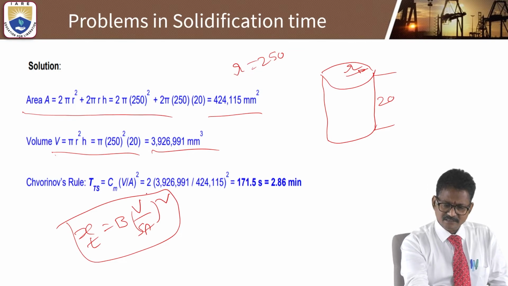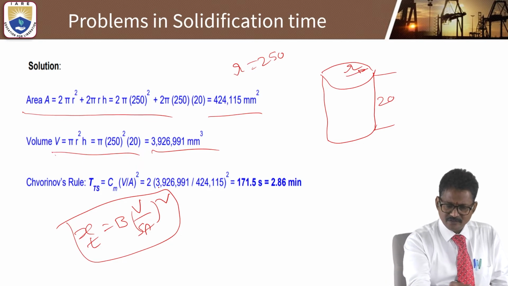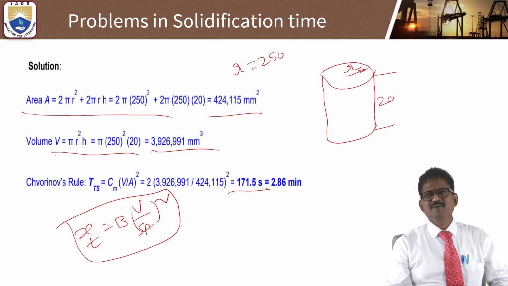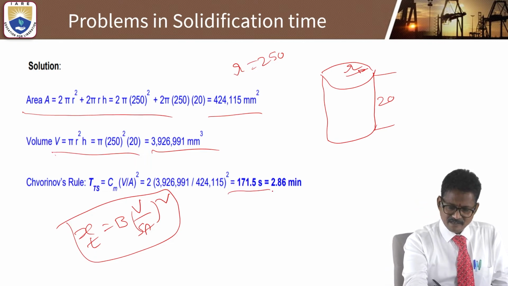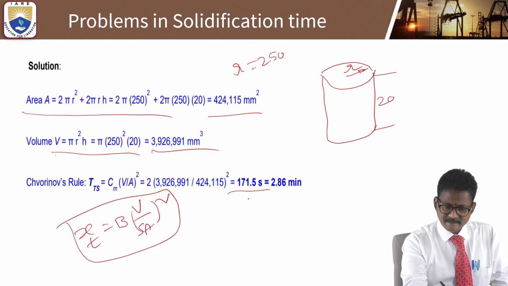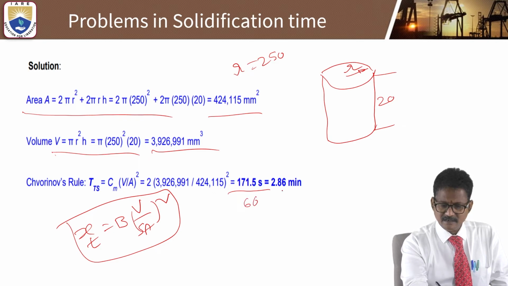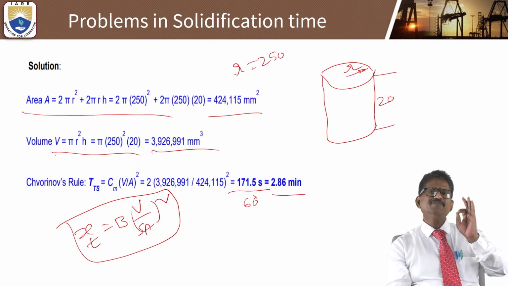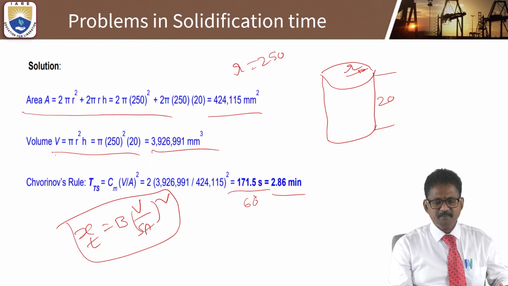This is volume by surface area whole square into the constant factor, Cm equal to 2. When you simplify this, you will get 171.5 seconds. If you convert this into minutes by dividing by 60, you will get 2.86 minutes as the solidification time for this application.